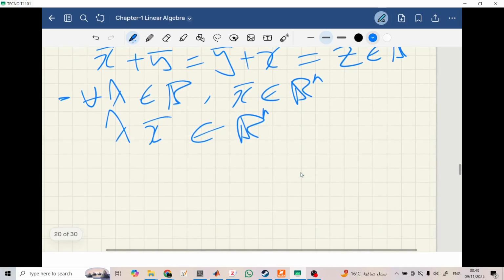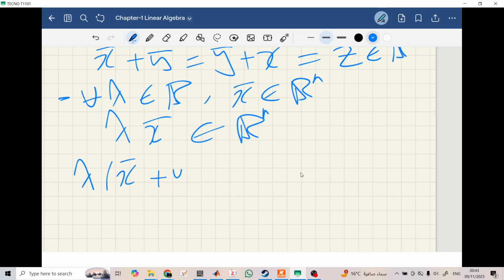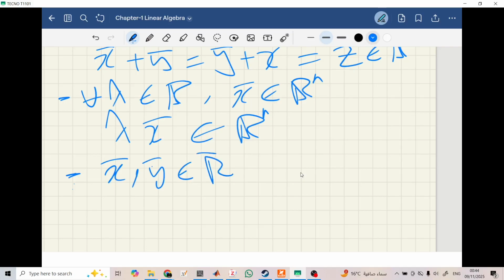Second thing, distributivity over addition. Say lambda times x plus y, where x and y of course belong to Rn, and lambda belongs to R, of course.